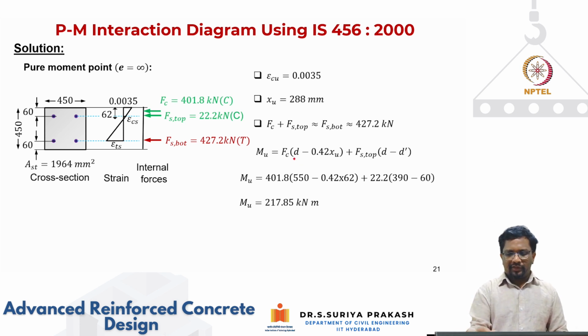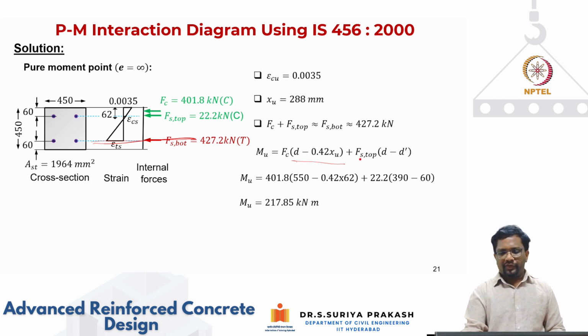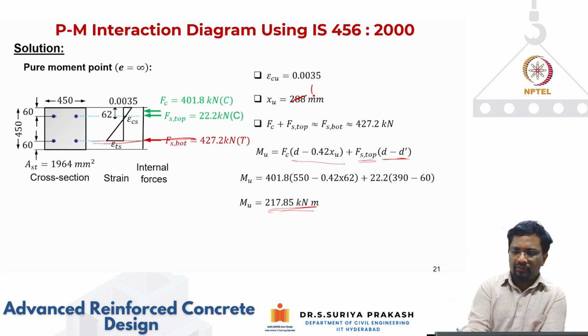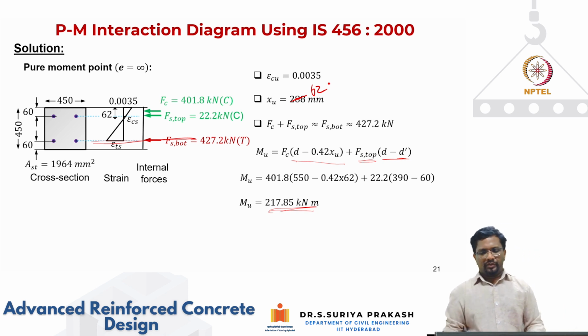That is the reason I'm taking moment about this axis. Say Fc multiplied by the lever arm, which is d minus 0.42 xu, and Fs top is at a distance of d minus d prime. This is your lever arm for this Fs top. If you substitute that, you get the moment resistance of 217.85. Okay, this xu is actually 62, right? So nearly the same.